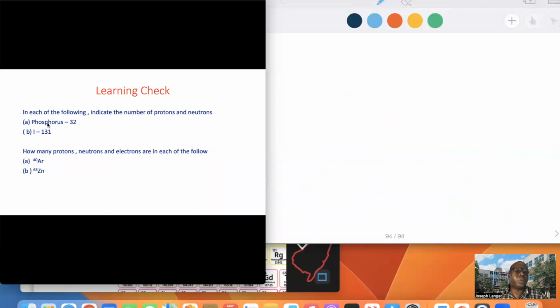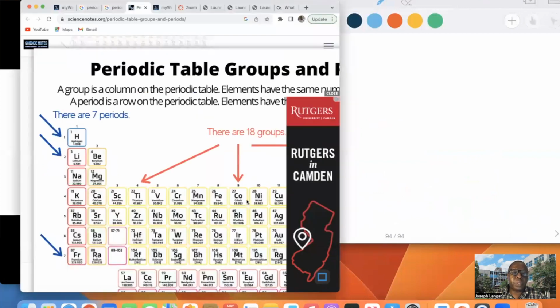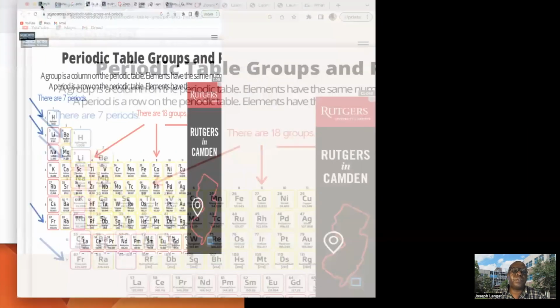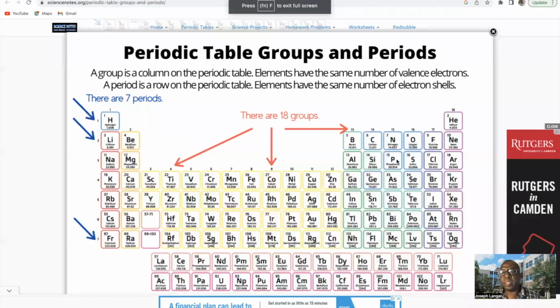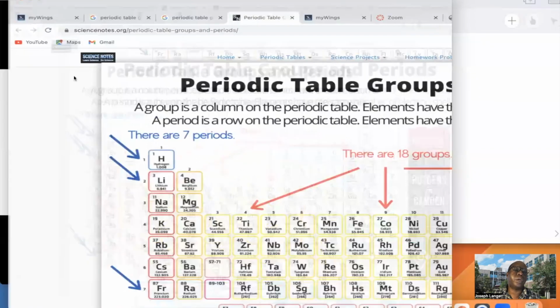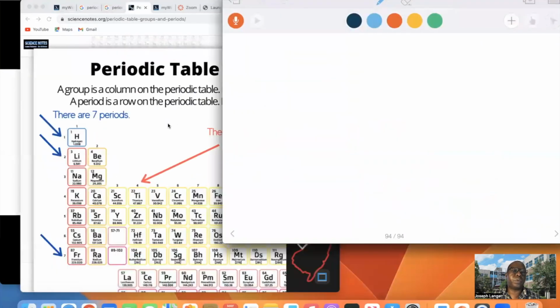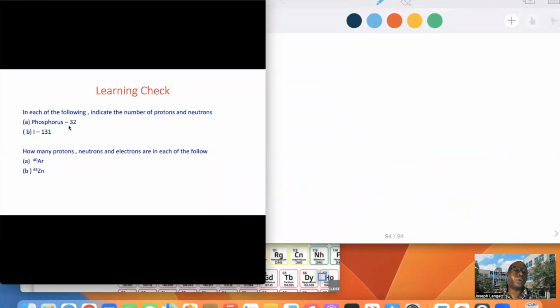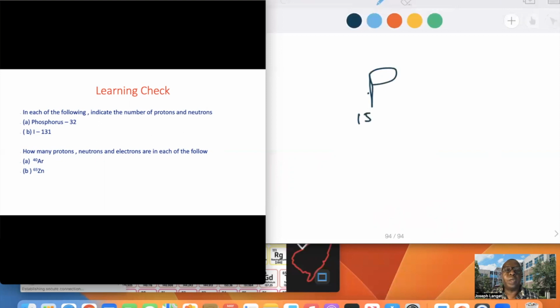Likewise for phosphorus, you have to know which position it is. Just the way I did before with the periodic table, phosphorus is number 15. It has 15 protons. So if I was to write the isotopic notation for that, it will be P, 15 and 32.